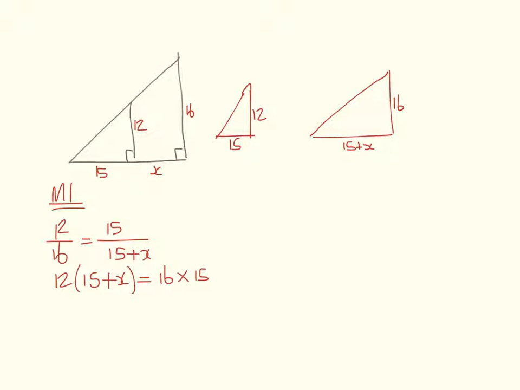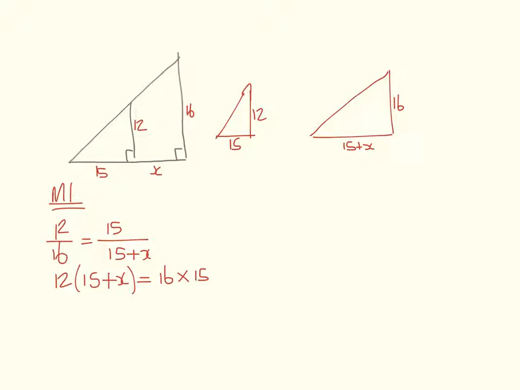I just want to pause here to point out the fact that I've used brackets. You have to use brackets for that, because if you don't, then you're just multiplying the 12 by the 15, so you must use the brackets. Also, now I'm about to expand the brackets, and that basically means that 12 will multiply by 15, and 12 will also multiply by that x.